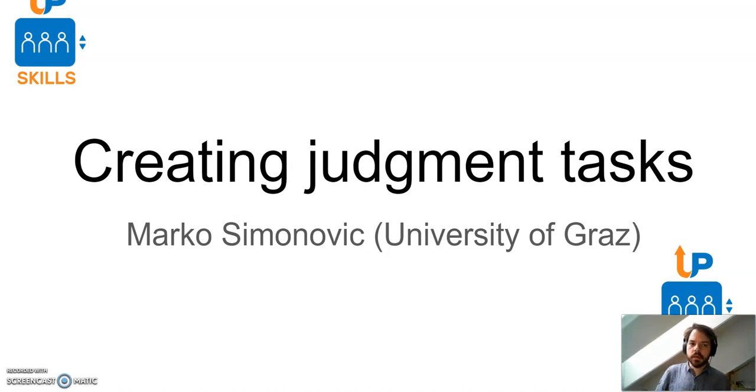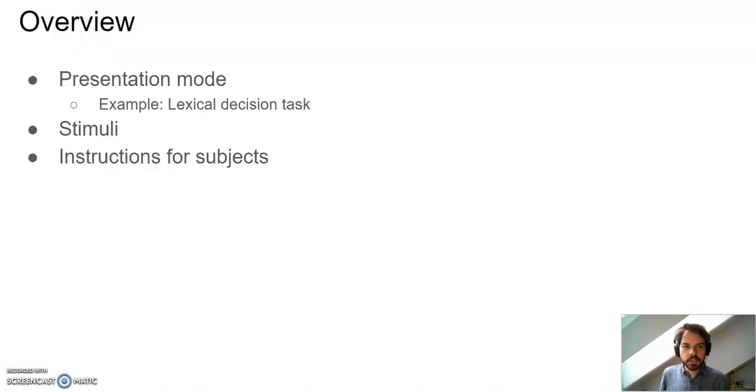So basically, the order in which we'll discuss stuff is we kind of slightly abruptly finish the previous video with a discussion of the presentation mode. So basically, whether you do a printed out questionnaire or whether you do something computer-based, and we'll look at a very specific implementation of the computer-based presentation mode, which is the lexical decision task.